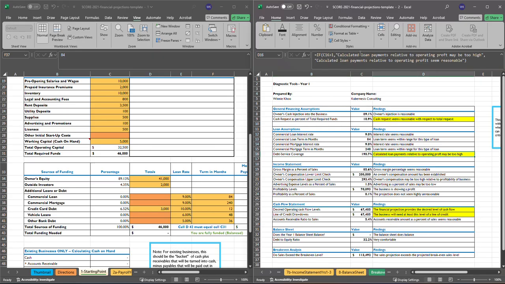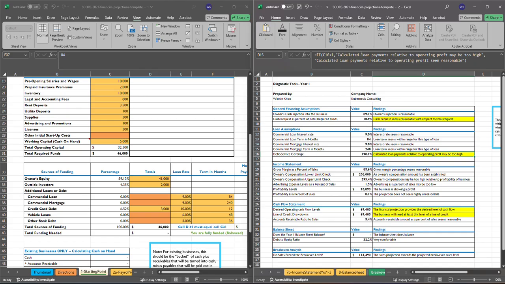Here it says that if the value is greater than 1 or 100%, the calculated loan payments relative to operating profit may be too high. If not, the loan payments relative to operating profit seem reasonable.